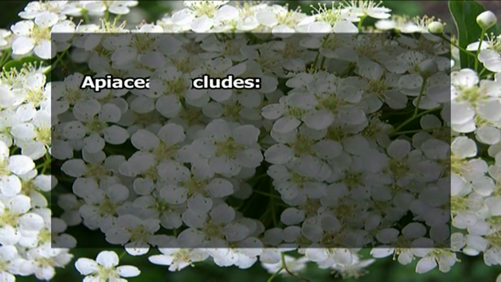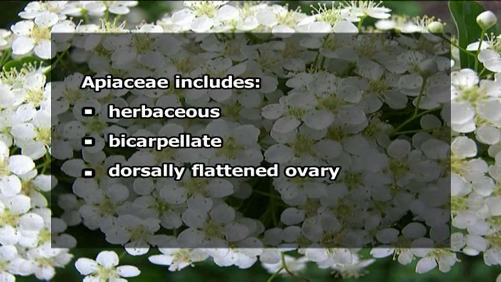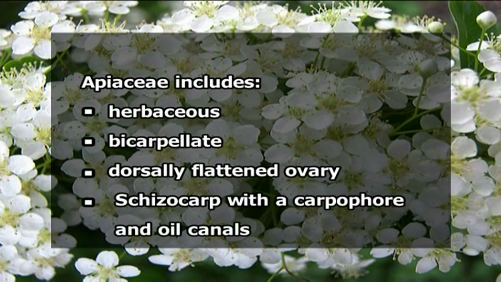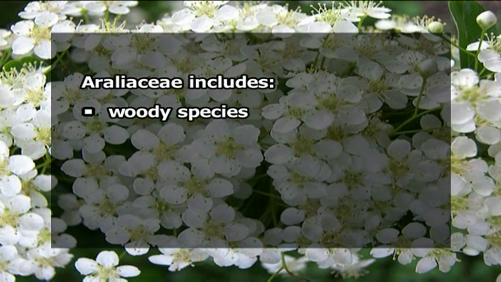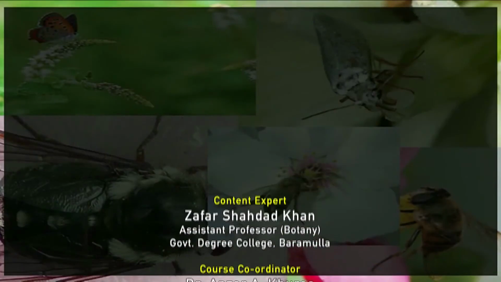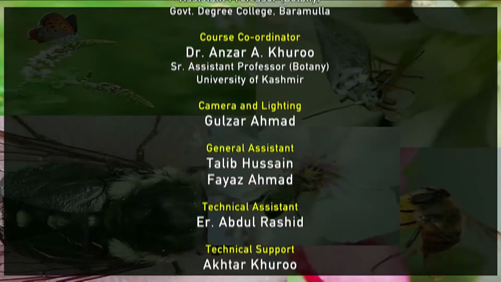The family Apiaceae includes herbaceous taxa having a bicarpellate, dorsally flattened ovary, and their fruits are schizocarps, which have a carpophore and oil canals called vittae. On the other side, its sister family Araliaceae includes not herbaceous but woody taxa, having not always a bicarpellate but a bicarpellate to pentacarpellate ovary.